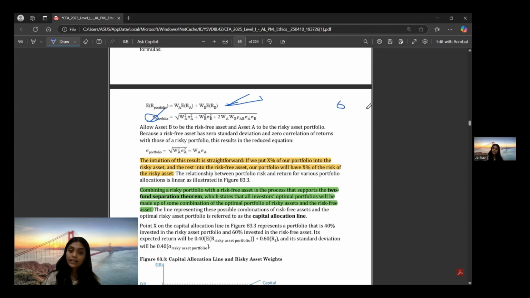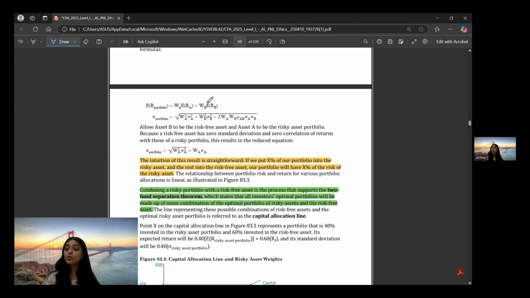Now, to calculate this, you need weight of the asset, standard deviation of the asset, weight of another asset, standard deviation of another asset, and this is correlation between the two assets. Now, how do we calculate it? Even that we'll be learning in further parts. But for now, I want you guys to mark this formula as important too.